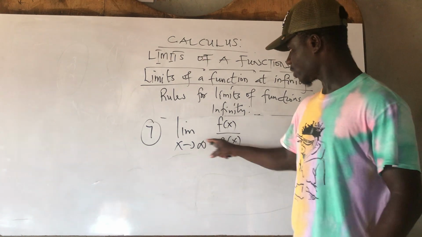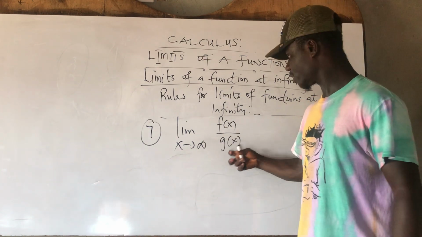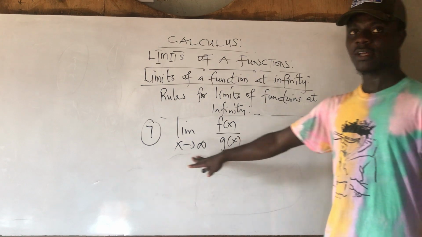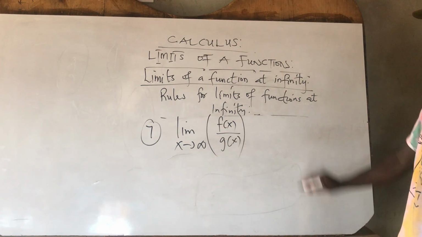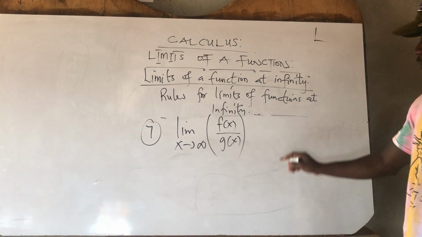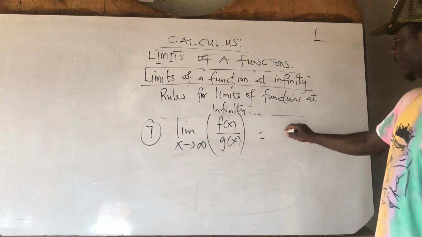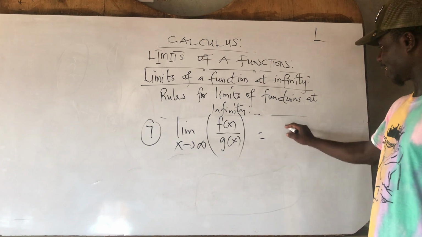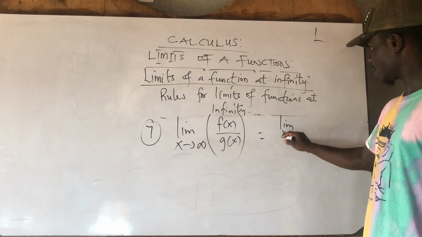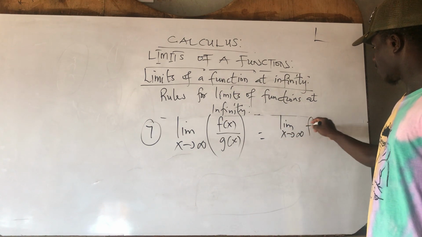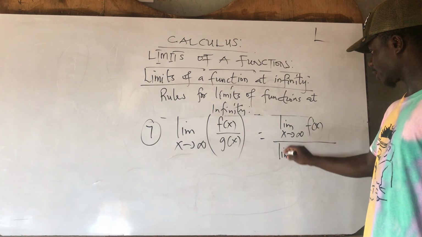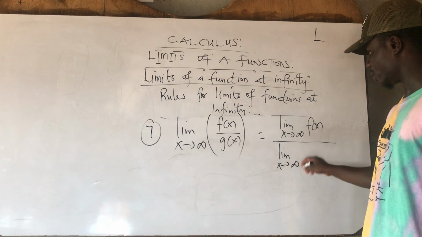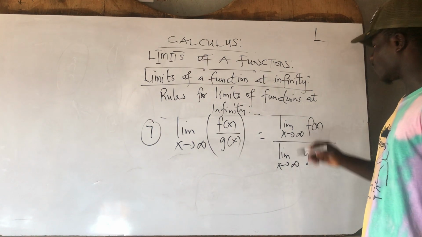Now, the limit of f of x over g of x, that's a rational function, right? As x approaches infinity, how will you tackle that to get the limiting value L? It's the same thing as you take it one at a time, which is the limit as x approaches infinity of f of x all over the limit as x approaches infinity of g of x.